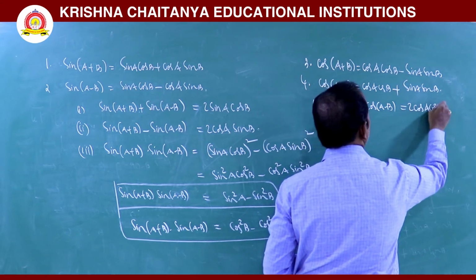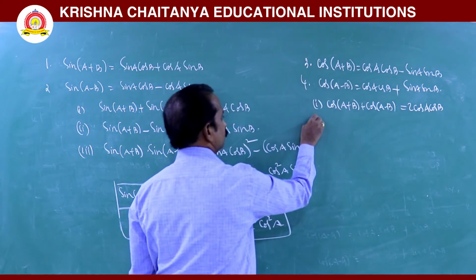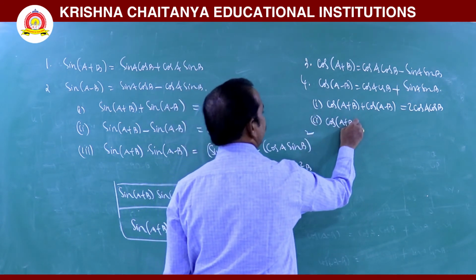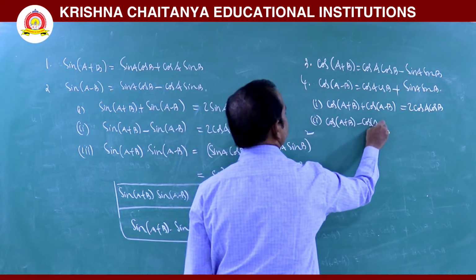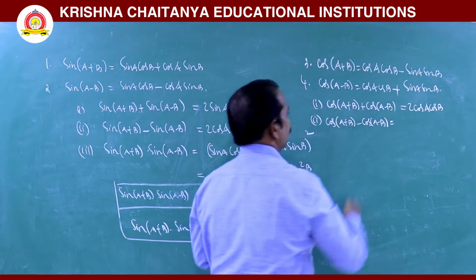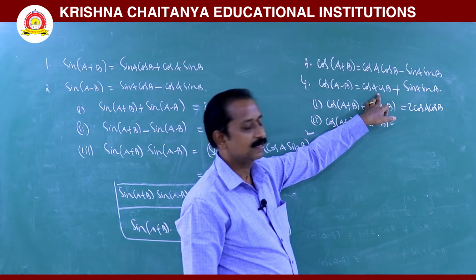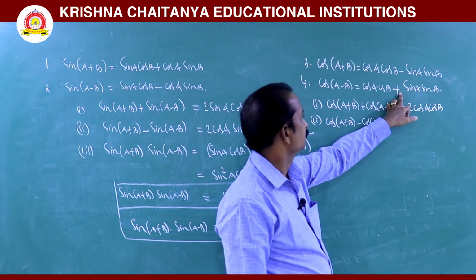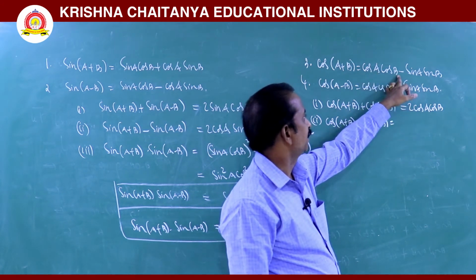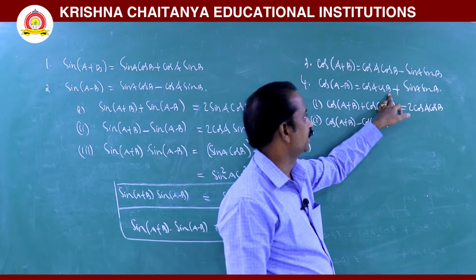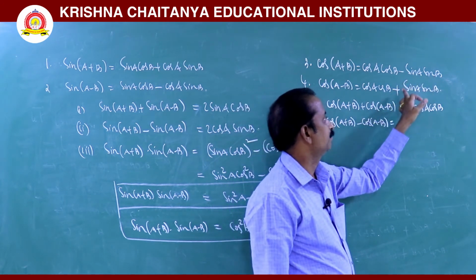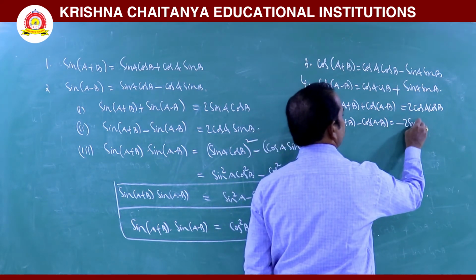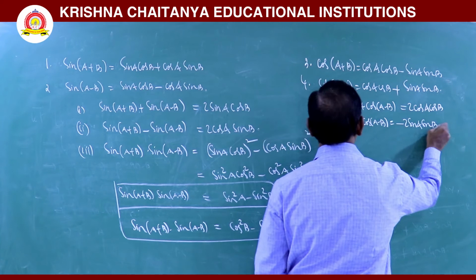Now, we can take subtraction, cos of (a plus b) minus cos of (a minus b). After subtraction, plus cos a cos b converted to minus, this plus converted to minus. So, therefore, plus cos a cos b minus cos a cos b getting cancelled, minus sin a sin b minus sin a sin b means minus 2 sin a sin b.